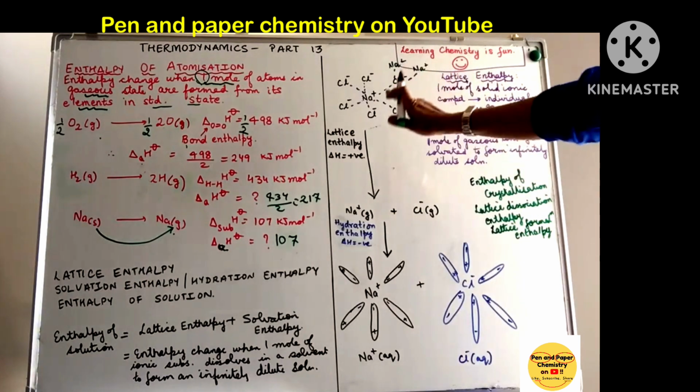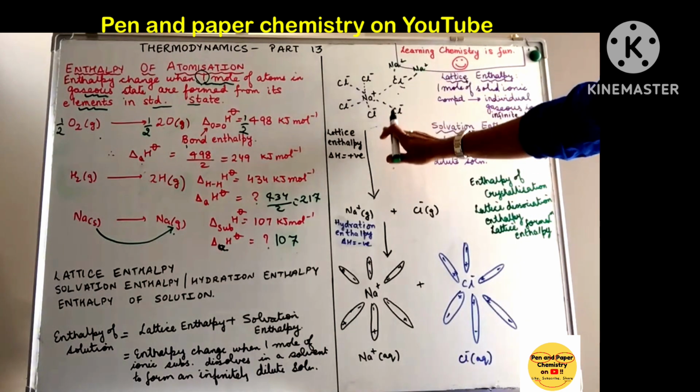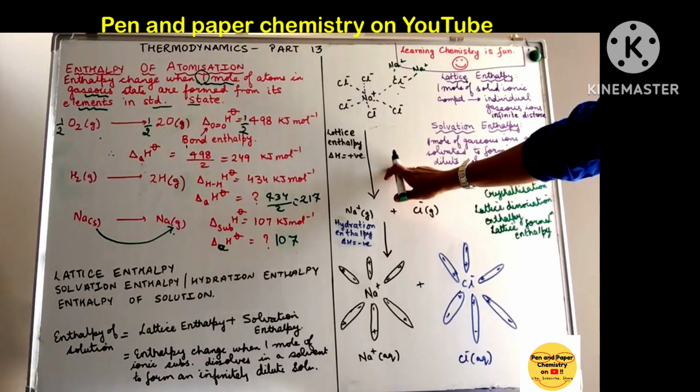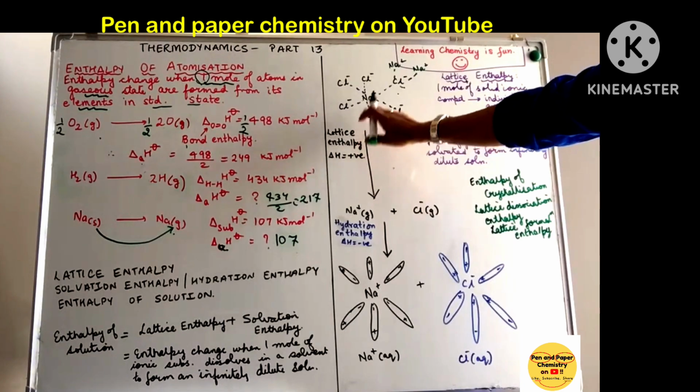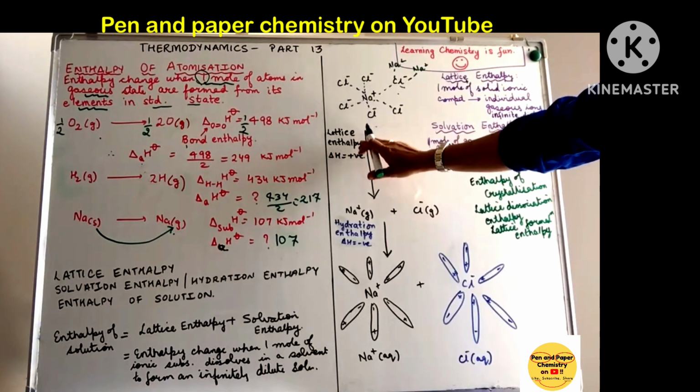Now, if I want to break this lattice, I will have to give it some energy. I will have to apply some form of energy. And that energy or the heat that we have to give is what we will term as lattice enthalpy.